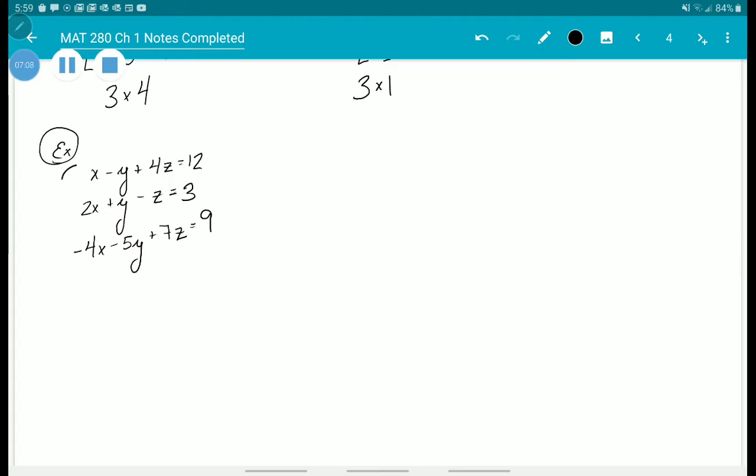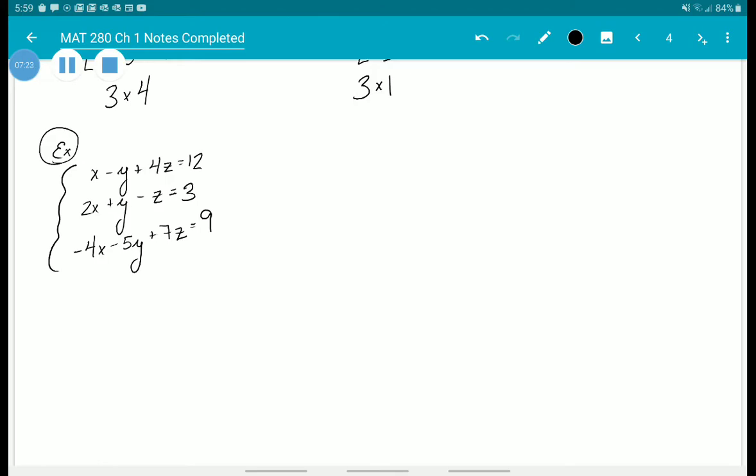Maybe we have this system. So we have x minus y plus 4z is equal to 12. 2x plus y minus z is equal to 3. Negative 4x minus 5y plus 7z is equal to 9. So there's our system of equations.